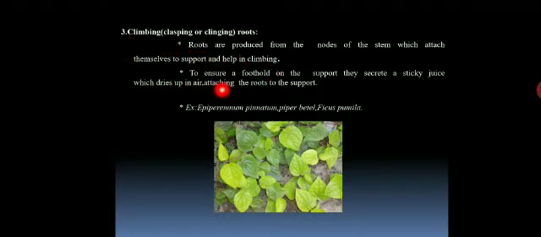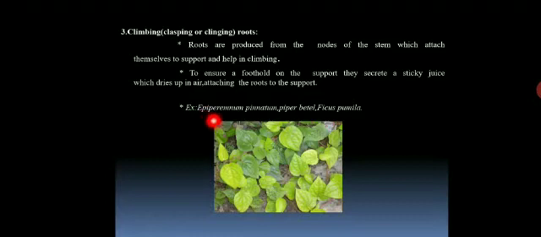The next characteristic of the climbing root is that they have the capacity to get a foothold on the support. At the same time, they also secrete a sticky juice which dries up in air, attaching the root to the support.